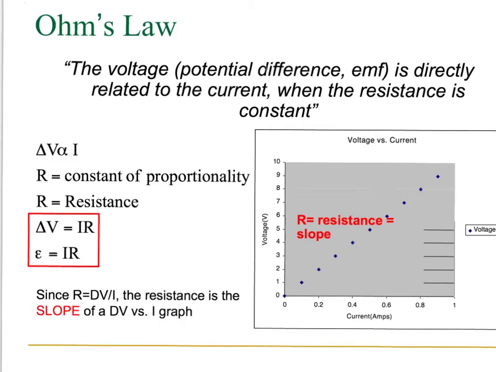If we were to graph voltage versus current, voltage on the y-axis and current on the x-axis, we would get a linear slope. The slope of this line would be equal to the resistance of whatever our electricity is traveling through.